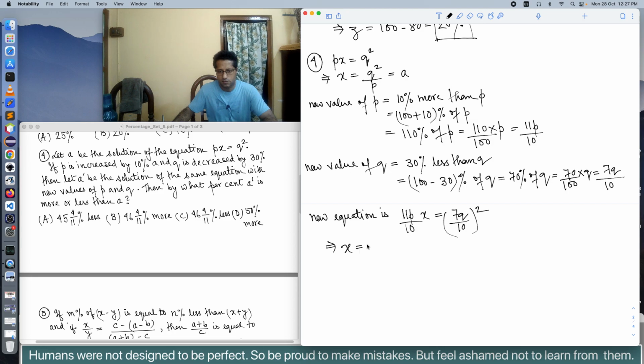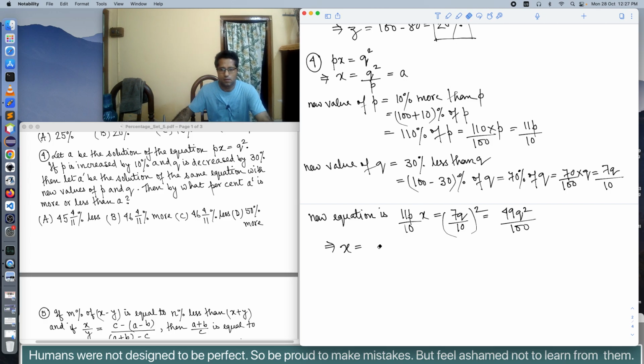We get x is equal to, now we can simplify 7q by 10 whole square, which is 49q square by 100. So x will be equal to 49q square by 100 multiplied by 10 by 11p.